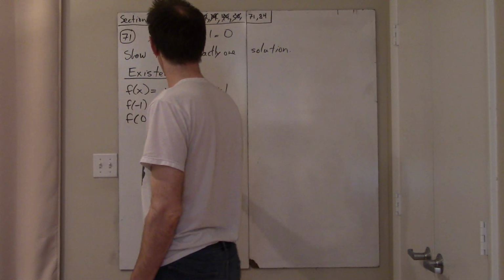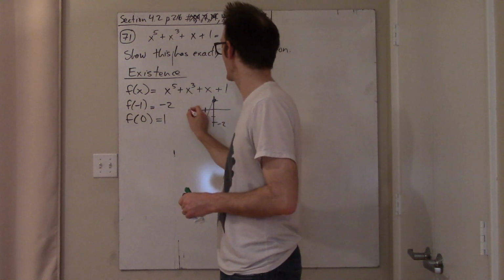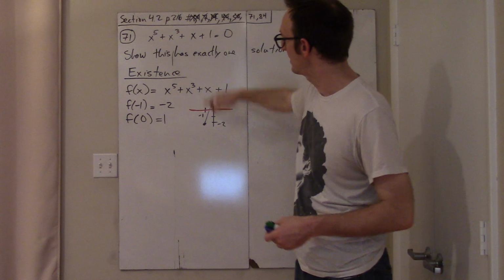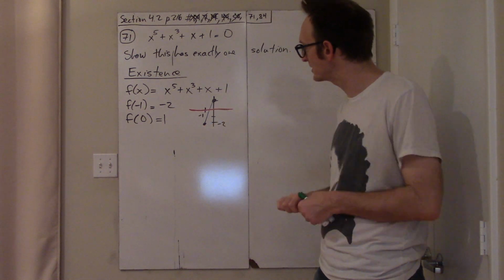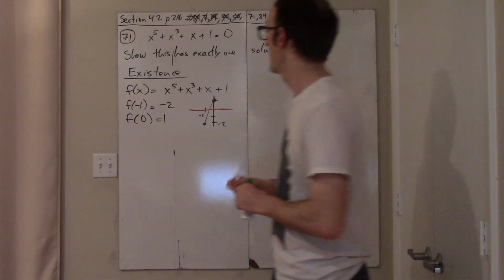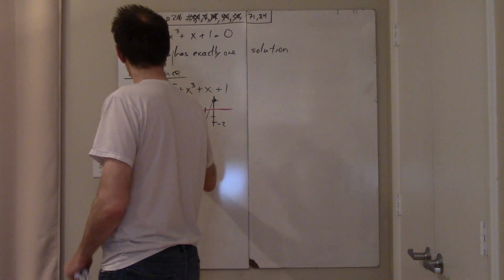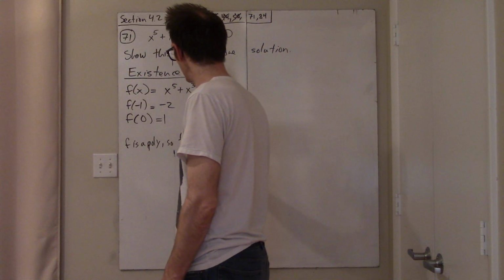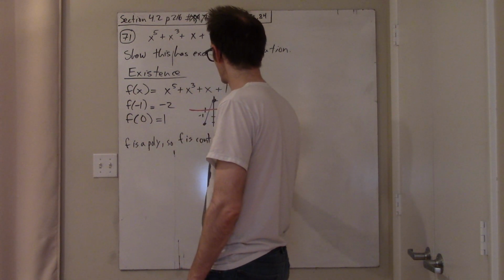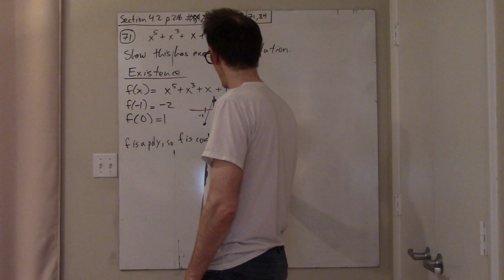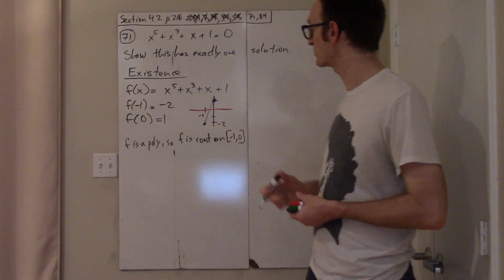The intermediate value theorem says if you give me any y value in between the starting y value and the ending y value, then as long as this function is continuous, it must cross. Of course f is a polynomial, so f is continuous everywhere, and in particular it's continuous on the interval negative 1, 0. And since it's continuous there, I can apply the intermediate value theorem.